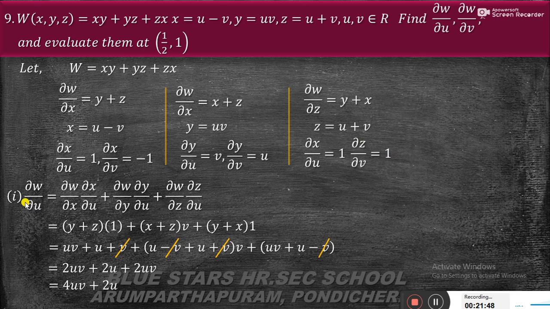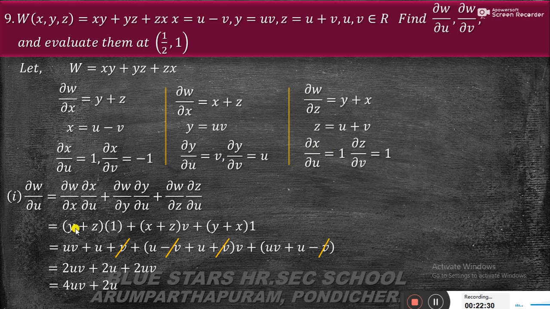So now we substitute. First we calculate dou w by dou u. Dou w by dou u means dou w by dou x into dou x by dou u, plus dou w by dou y into dou y by dou u, plus dou w by dou z into dou z by dou u. So dou w by dou x means y plus z, into dou x by dou u, which is 1, I substitute, plus dou w by dou y means x plus z, into dou y by dou u, which is v, plus dou w by dou z means y plus x, into dou z by dou u, which is 1.